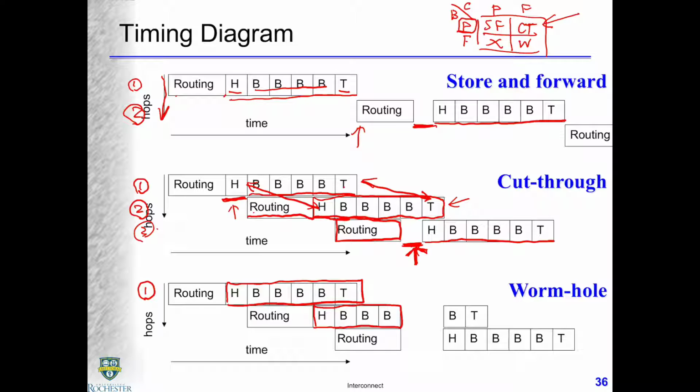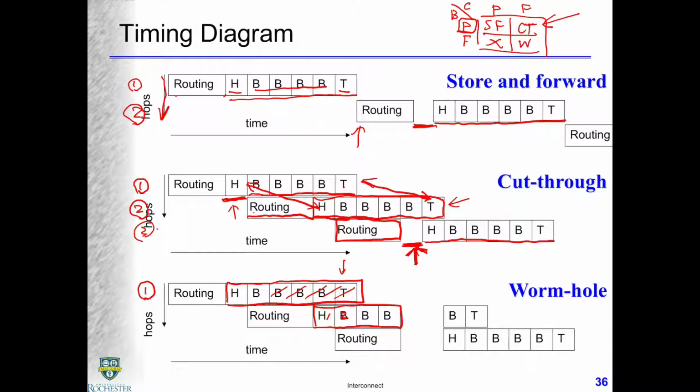So I know that in normal cases, when my tail arrives, in this example, my header flit 1 and 2 are already gone. So really what I needed to keep is perhaps these 4 flits, okay?